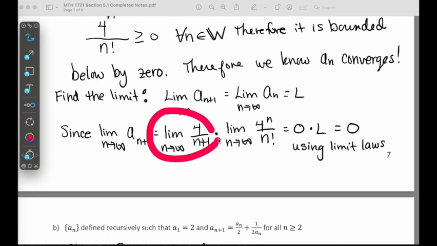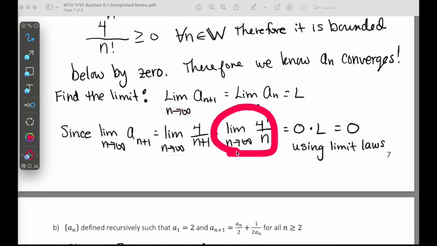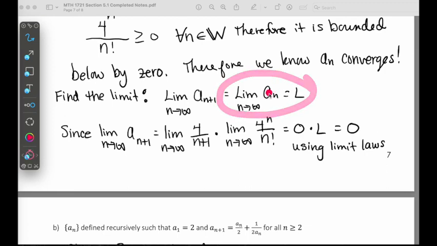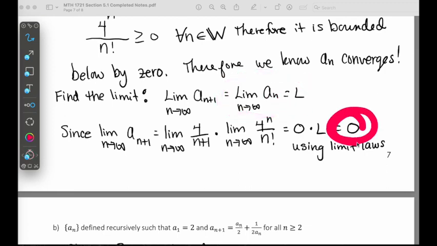I can take the limit of this times the limit of a_n. The limit as n approaches infinity of 4 over n plus 1 is 0. And I know that a_n has some limit L. So when I take 0 times whatever this is, it doesn't even matter, because 0 times this limit is going to be 0. And since the limit of a_(n+1) is the same as the limit of a_n, because all we care about is the end behavior, we know that the limit as n approaches infinity of our original sequence is going to be 0.